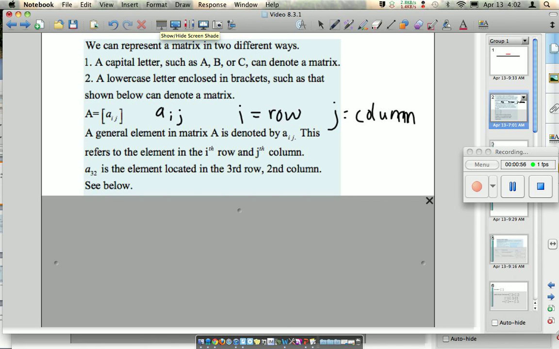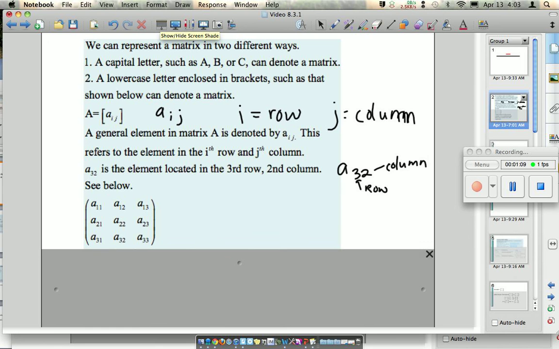And like they describe here, a_32 is in row 3 and column 2. So we don't want to think of that as 32, it's 3, 2. So this is, for instance, to describe all the different corners and spots of this matrix. These are the different ways we talk about it with the subscript.